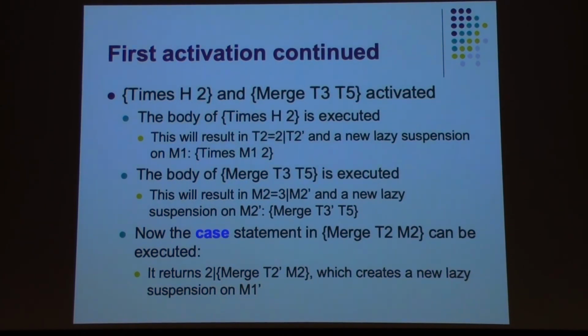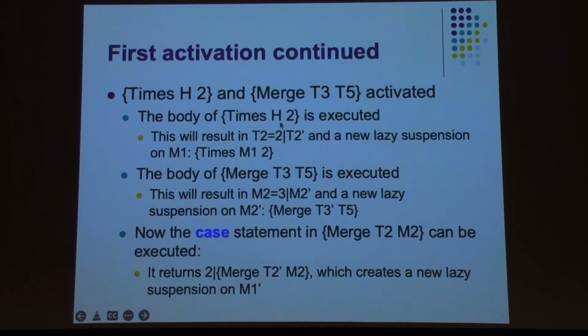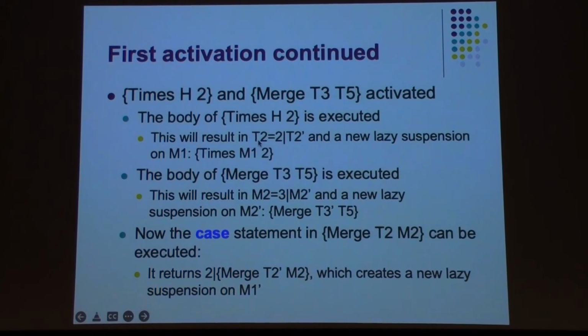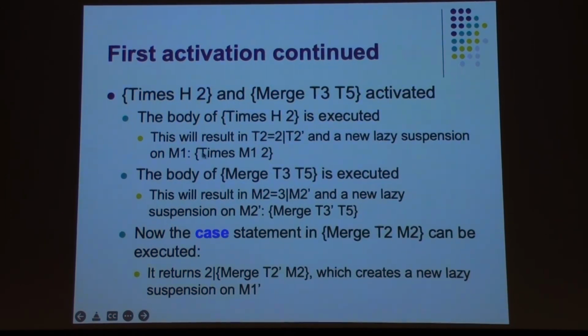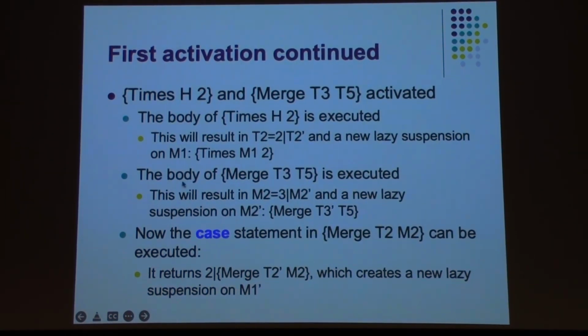Okay? So the body of times H2 is executed. So you can go on, but this will eventually result in T2 equal 2 bar T2 prime and a new lazy suspension. And if you do the merge T3, T5, this will result in M2 equal 3 bar M2 prime and a new lazy suspension.